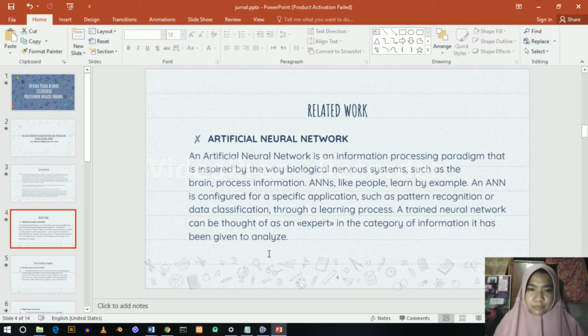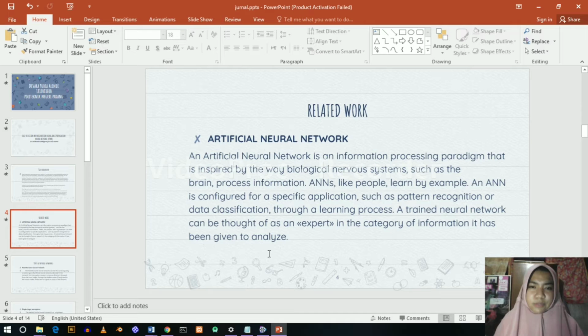Related networks. Artificial neural networks. An artificial neural network is an information processing paradigm that is inspired by the way biological nervous systems, such as the brain, process information. Artificial neural networks, like people, learn by example.